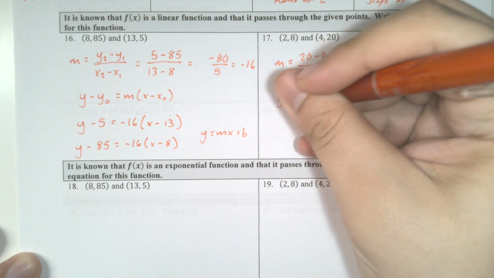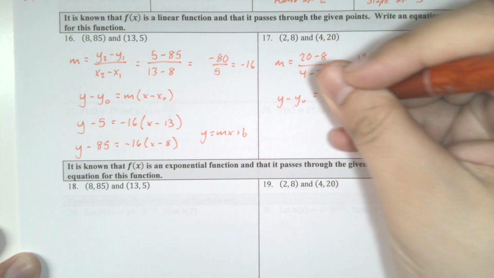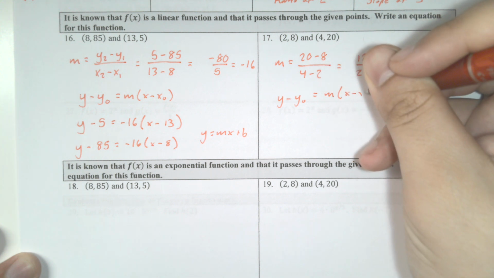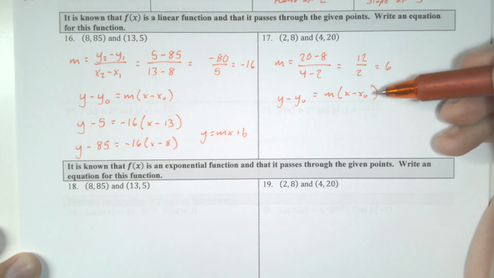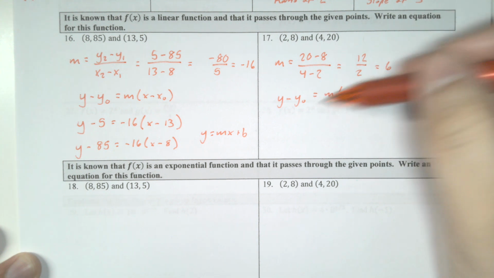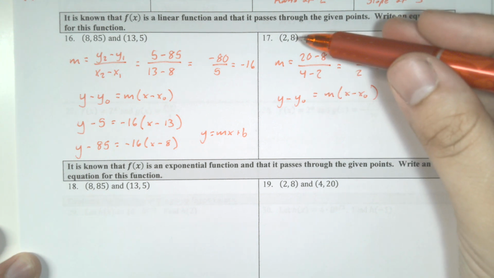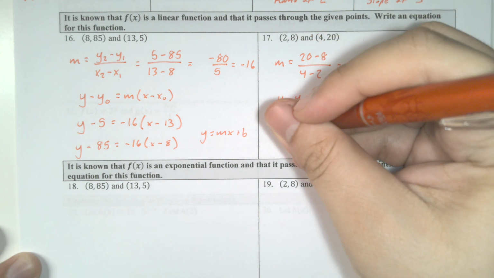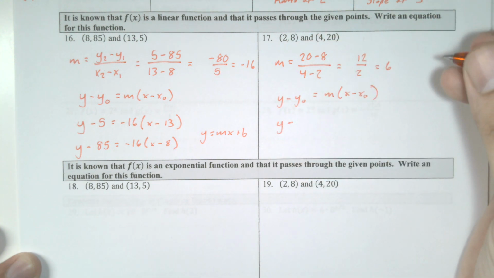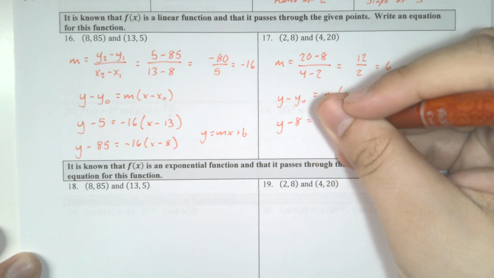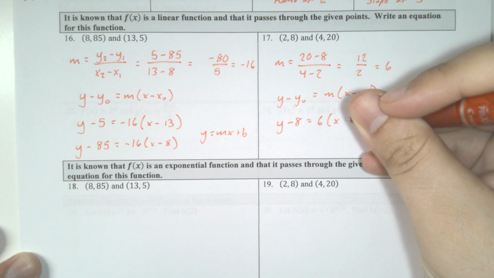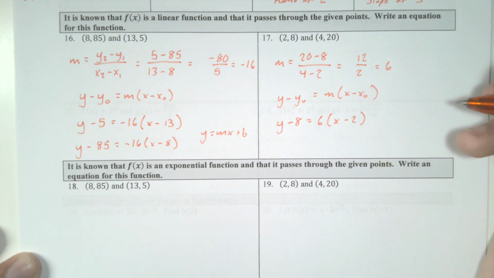And now we want to use y minus y naught is equal to m times x minus x naught, so our point-slope form. And so now we're just going to plug in either one of these points. I would personally pick 2, 8 because smaller numbers are always nicer. But we have y minus 8 is equal to our slope 6 times x minus 2.